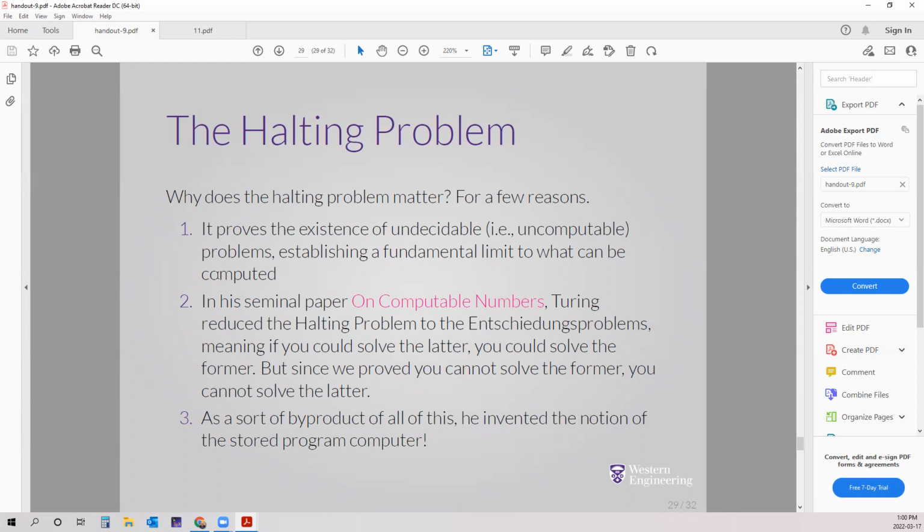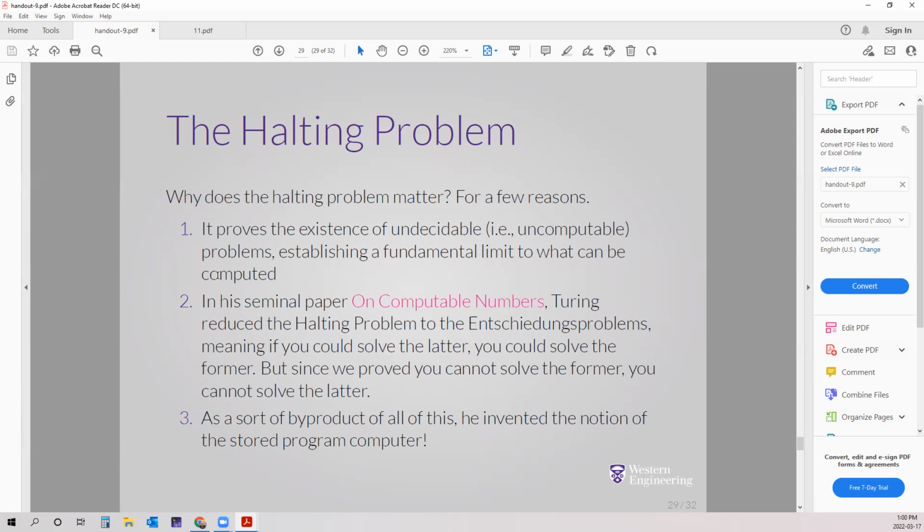It proves the existence of undecidable, uncomputable problems, establishing a fundamental limit on what can be computed.